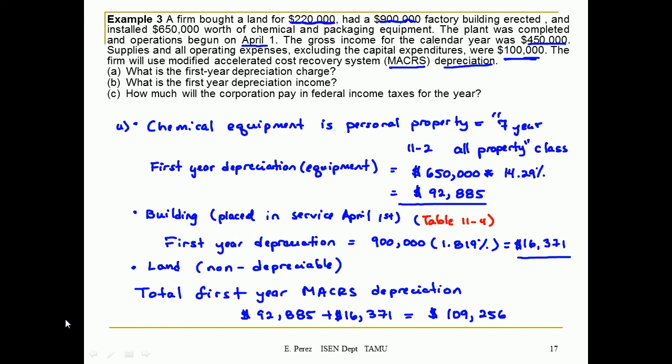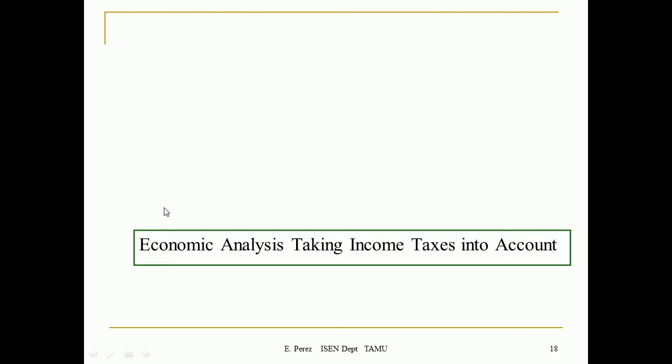Okay, so this is the answer for the first part of the problem. The second thing that the problem is asking is, what is the first year depreciation income? So I'm going to work with that on the next slide.